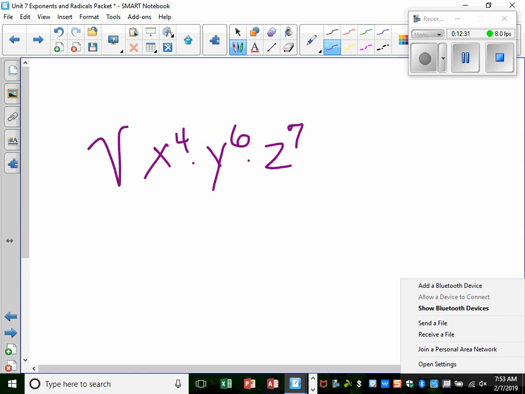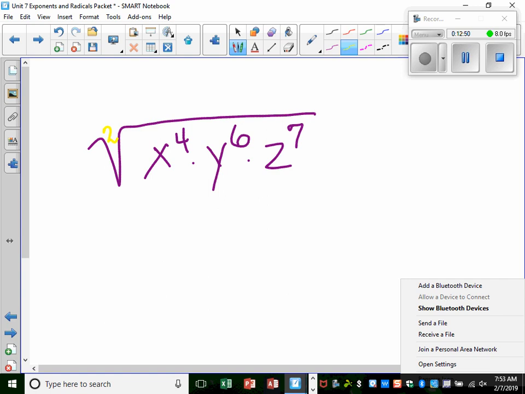And I have it under the radical. So when you're trying to determine when exponents are perfect, okay, remember there's an invisible 2 here, so it has to be divisible by 2. All right, has to be divisible by 2.